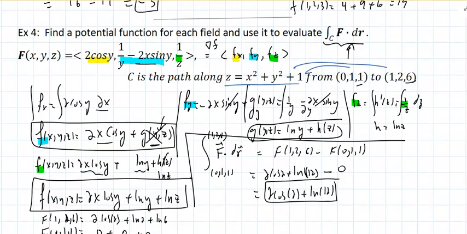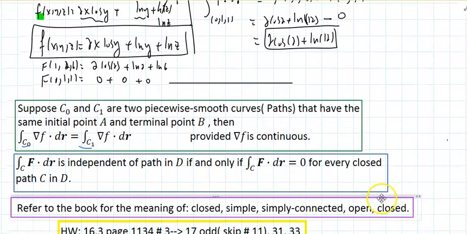And the integral of f dot dr is independent of path, which means it doesn't matter which path you take, if and only if this integral equals 0 on every closed path.